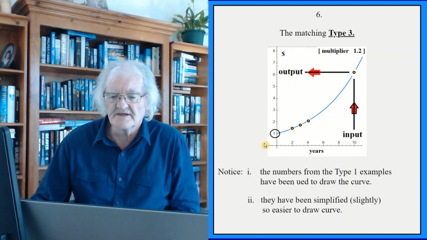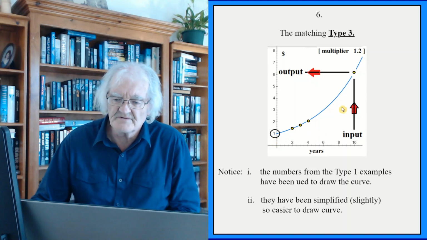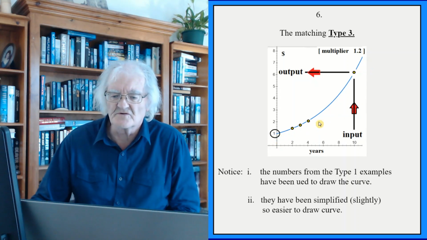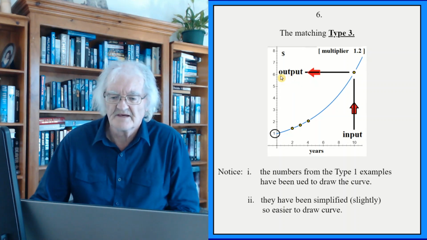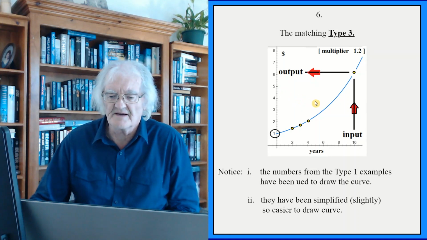The vertical intercept represents the starting value. So a few points allows us to draw the graph. In each case, we choose an input and allow it to generate an output. Putting those together gives the diagram.